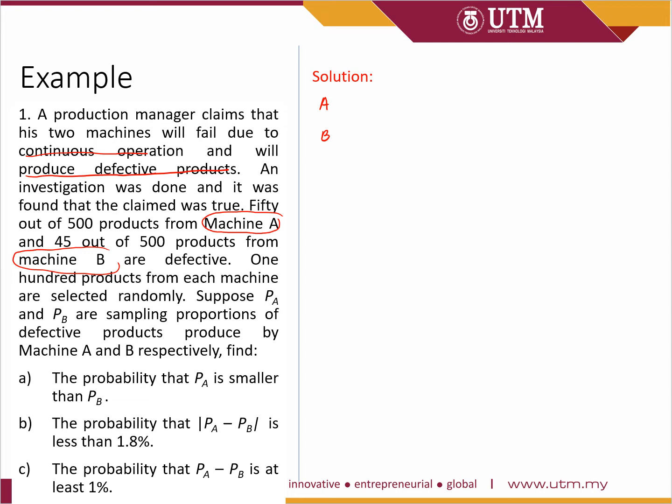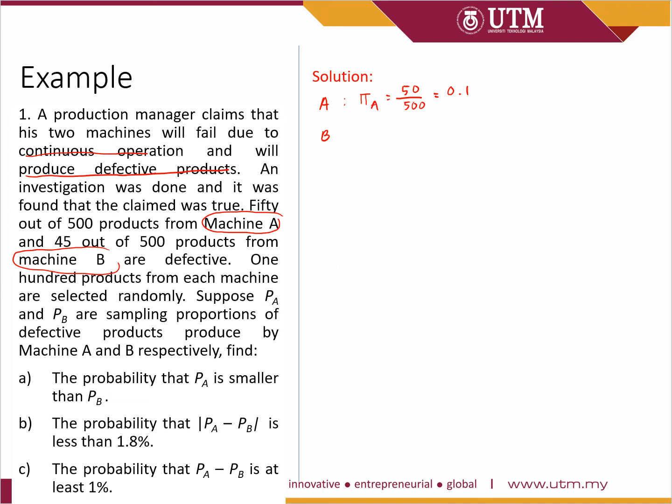So 50 out of 500 can represent our proportion. Given that proportion is x over n, where x is 50 defective products and the population is 500, we get 0.1.